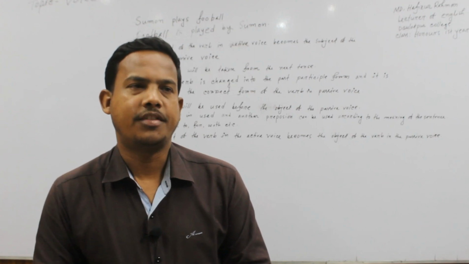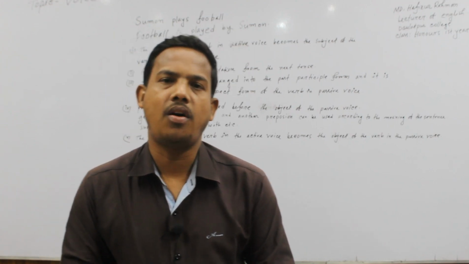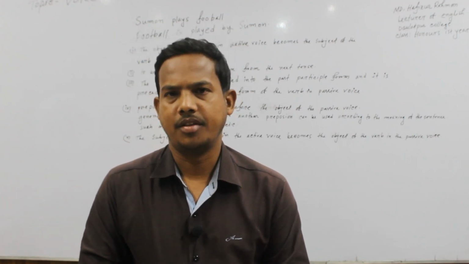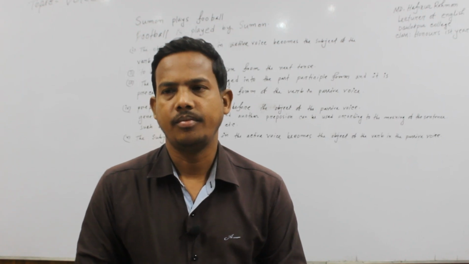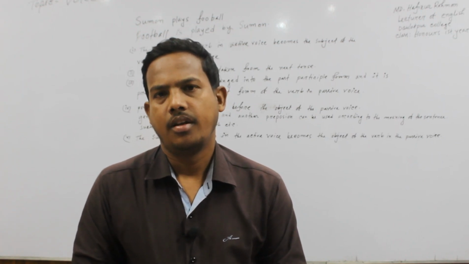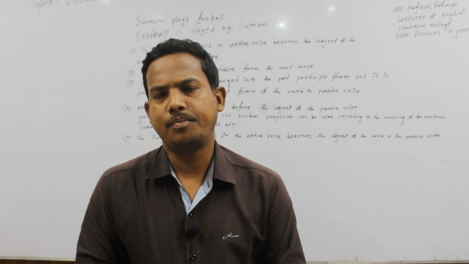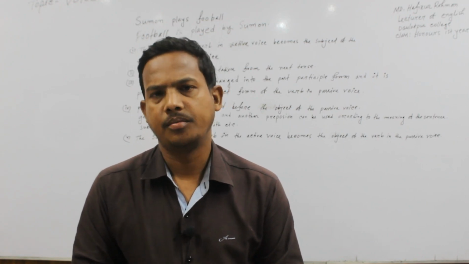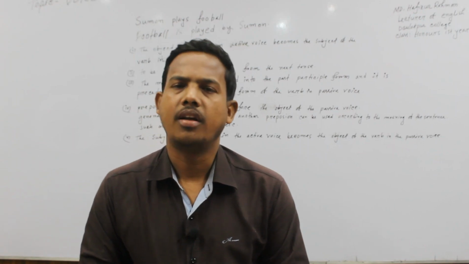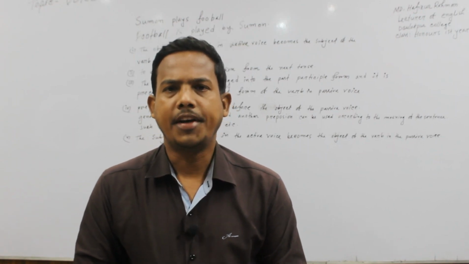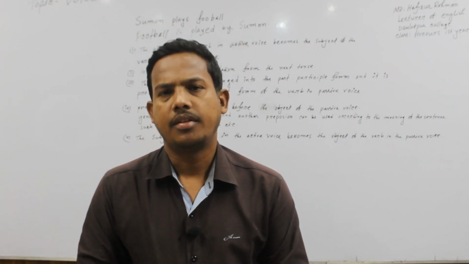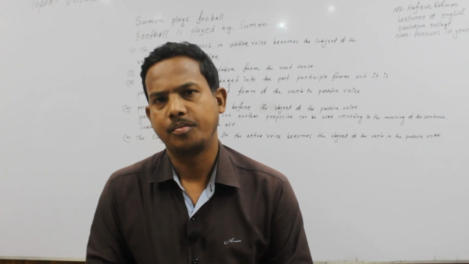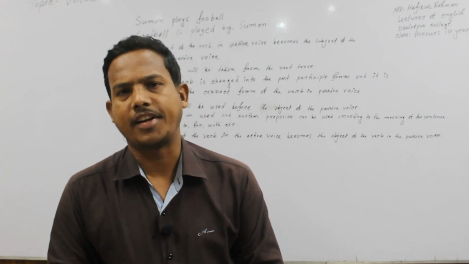Now, at this point, we have to know what is called active voice. When the subject is the doer or actor in a sentence, it is called active voice. It is so because the subject is active. That's why it is called active voice.